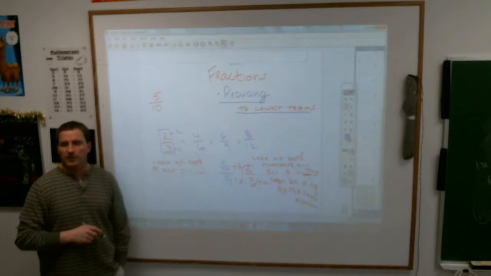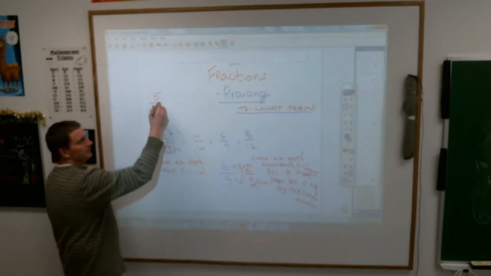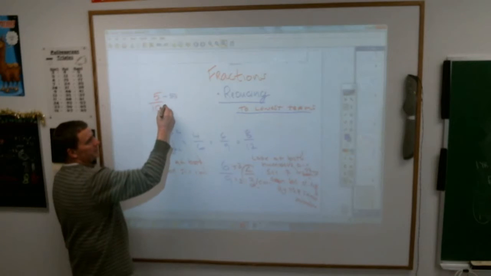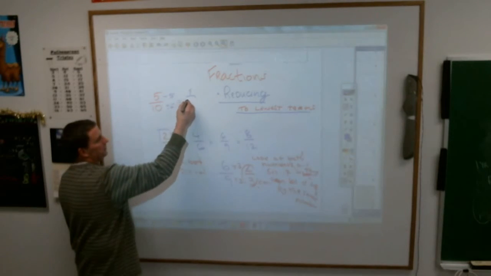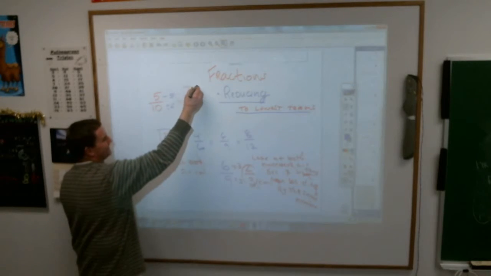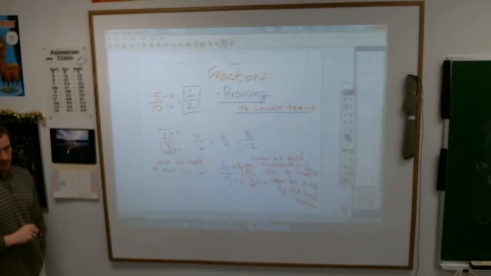What number goes into both 5 and 10? 1. Yeah, 1, but you'll get 5/10, so that doesn't help you. You can divide by ones forever and it's not going to change anything. How about 5? Divide both top and bottom by 5, you end up with 1/2. 5/10 is the same fraction as 1/2.